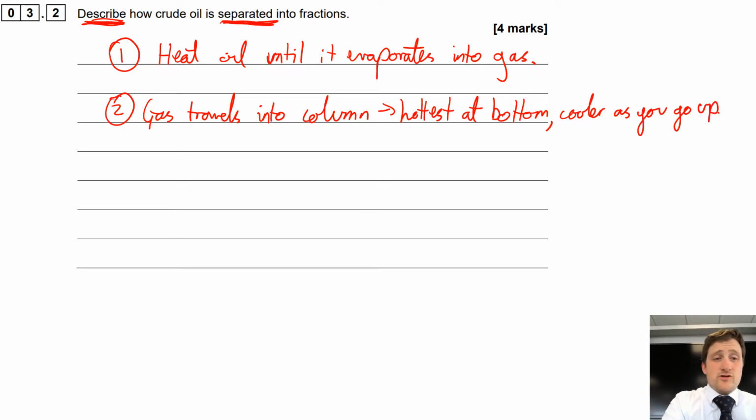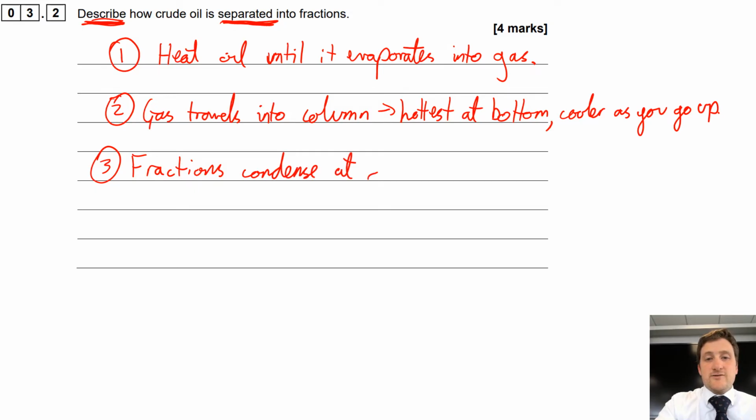Okay, it's important to realize then the fractions, again this is fractional distillation, they've used the word fractions in the question. Fractions condense at different heights, going all the way up this column. It's that separating out.